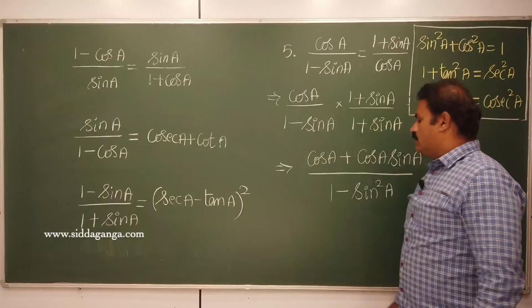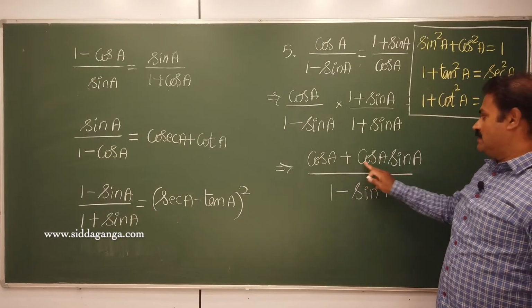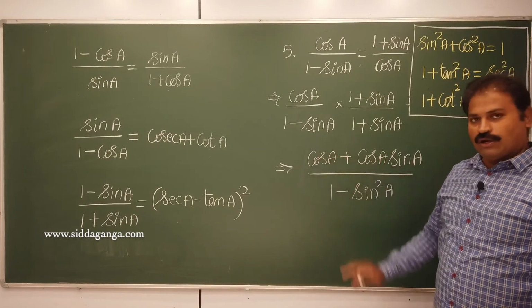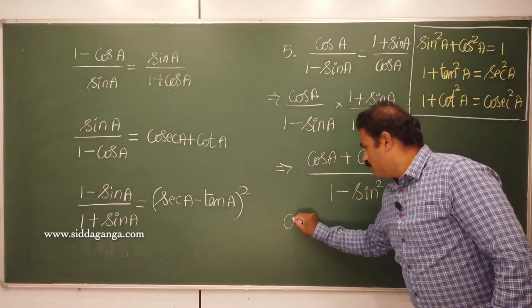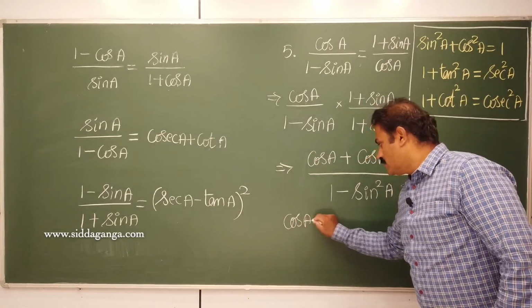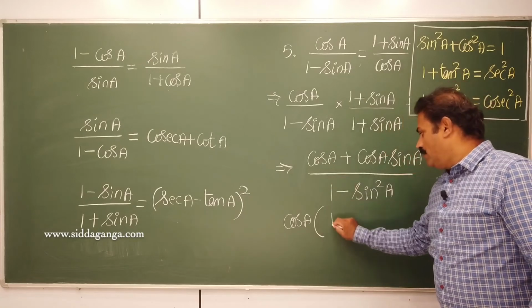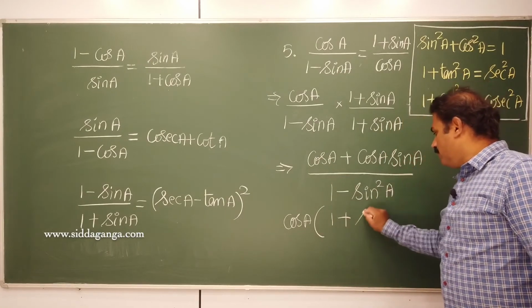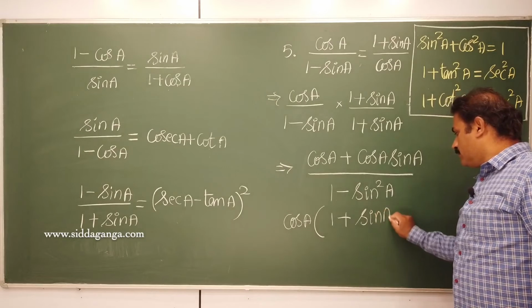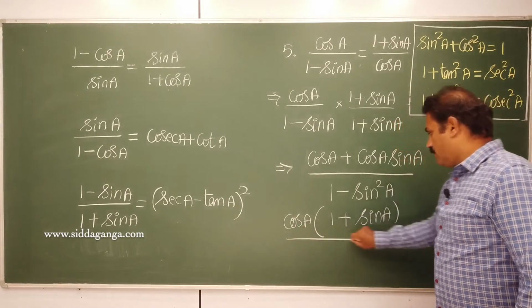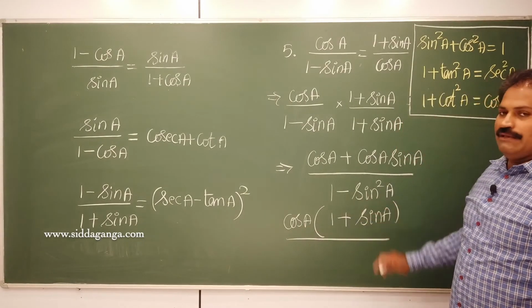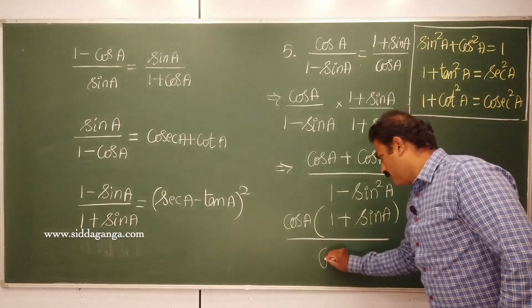Now you have cos A plus cos A into sin A. You can take cos A common here, so you have cos A into 1 plus sin A, and the denominator 1 minus sin square A, which is cos square A.